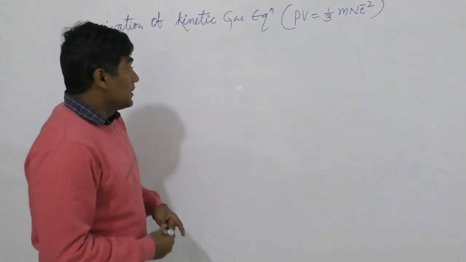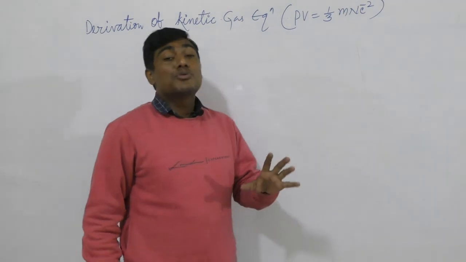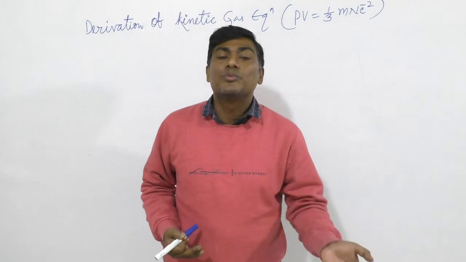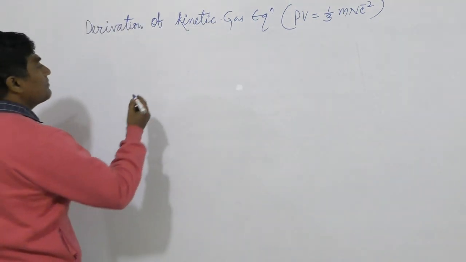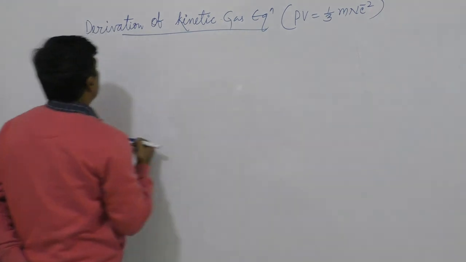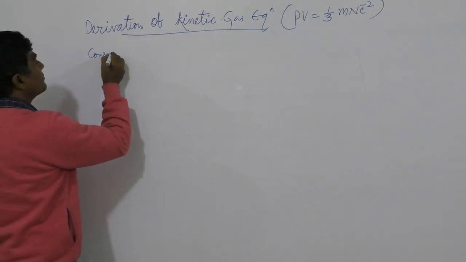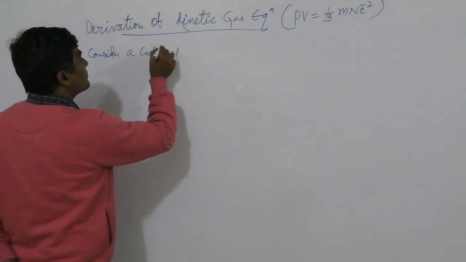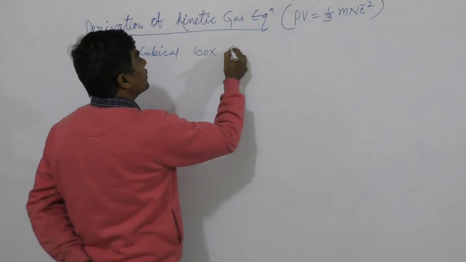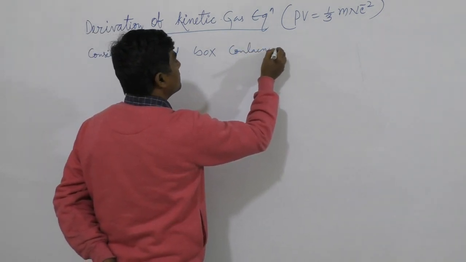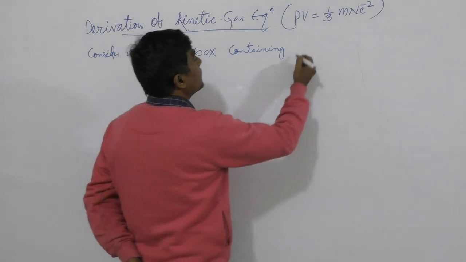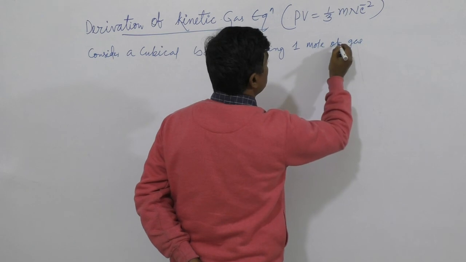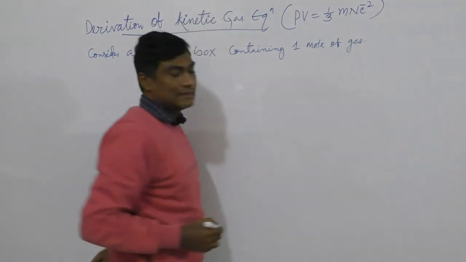Okay, so now we have to assume something, then afterwards we will derive the equation. Consider a cubical box containing 1 mole of gas.